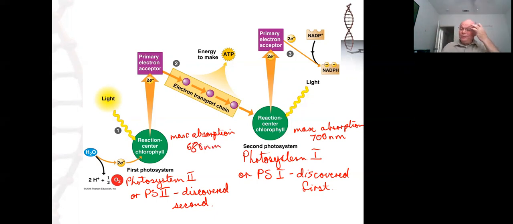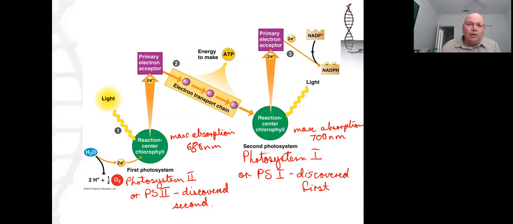So they're very close in terms of the wavelengths of light that they absorb best, but they're not exactly the same. That's because they are different photosystems. So it requires these two acting together in concert to absorb the light energy necessary to both make ATP and do the reduction of NADP plus to NADPH.